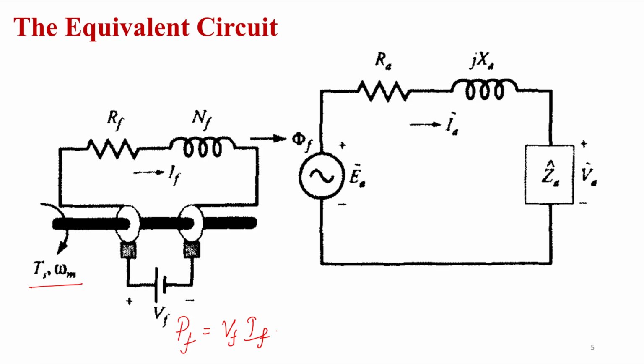Okay. Now if I find the armature equivalent circuit, then obviously we have an induced EMF, EA, and we have the armature resistance, because there will be certain resistance of the armature coils, represented by RA, and XD is the reactance of the armature circuit, and here Z is the load and VA is the voltage across the load.